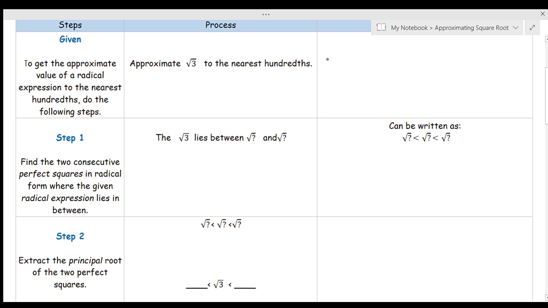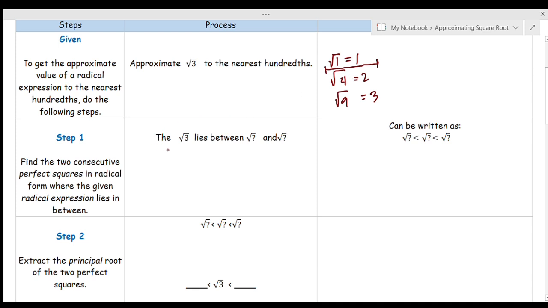So at first, the square root of 1 is 1, and next to that is 4. The square root of 4 is 2. And next to that, the square root of 9 will result to 3. Now, saan kaya natin matatagpuan ang square root of 3? So we all know that the square root of 3 lies here between 1 and 2.